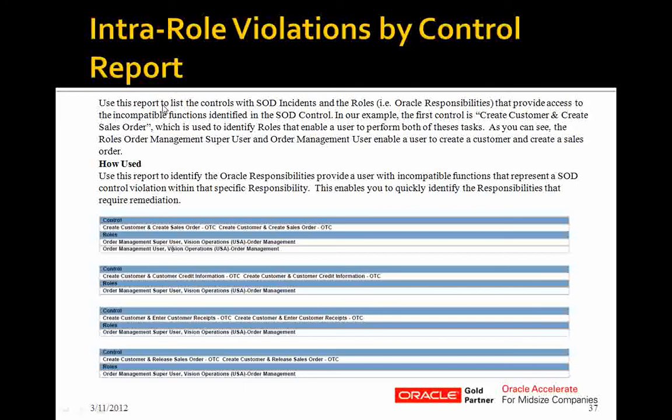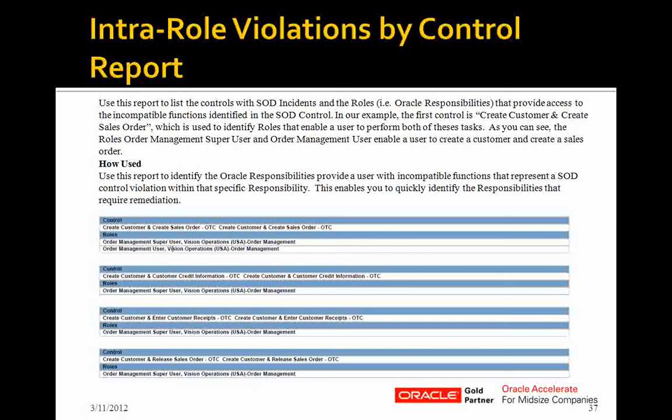Intra-row violations by control report. This is similar to the other report. It shows you the control, then it shows you all the roles that have access violations within that role.